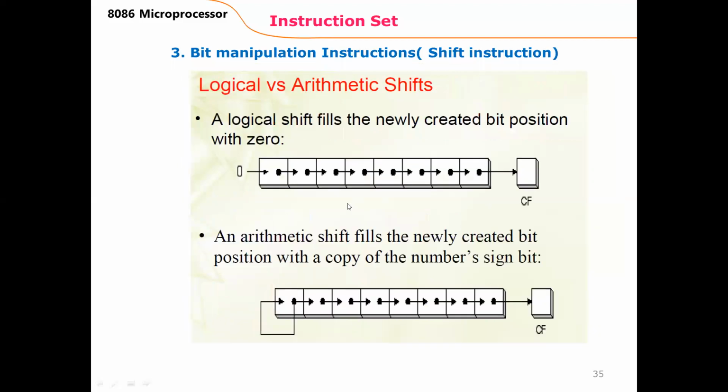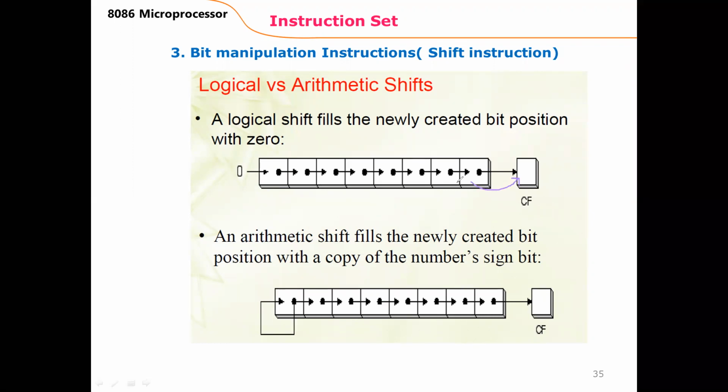Now, next is the difference between the logical and arithmetic shift. The logical shift means if we shift 1 bit, for example, this is an 8-bit number. If we shift it right, this is the example of right shift, then the LSB of this number will be stored in the carry flag, and the remaining bits will shift their position by 1 bit only.